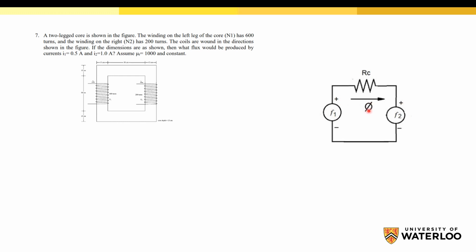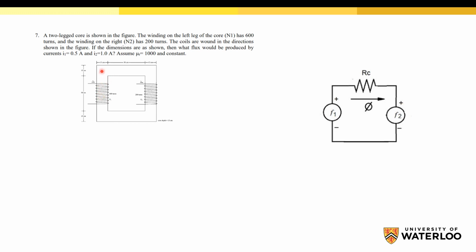And we can calculate the flux if we know the value of the reluctance. So now we need to calculate the reluctance. And the tricky part here is that the mean length for the reluctance is not given. So we need to calculate the mean length.